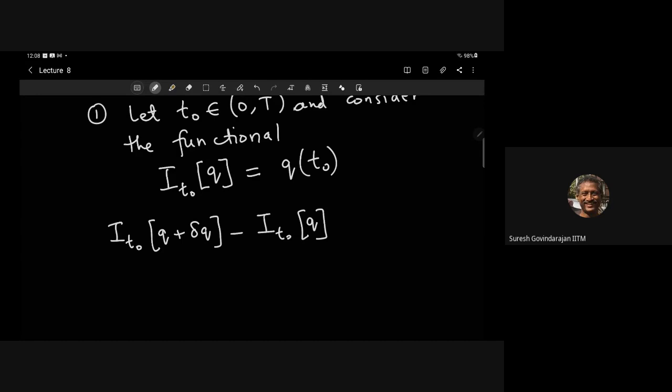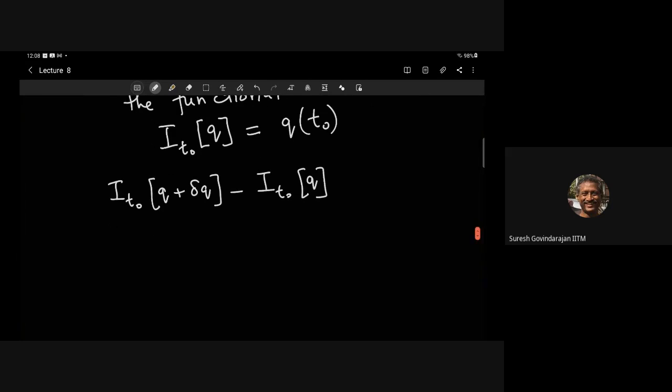These are two different functions, so using the right hand side, it will just tell you it is q at t naught plus delta q at t naught, minus q at t naught.